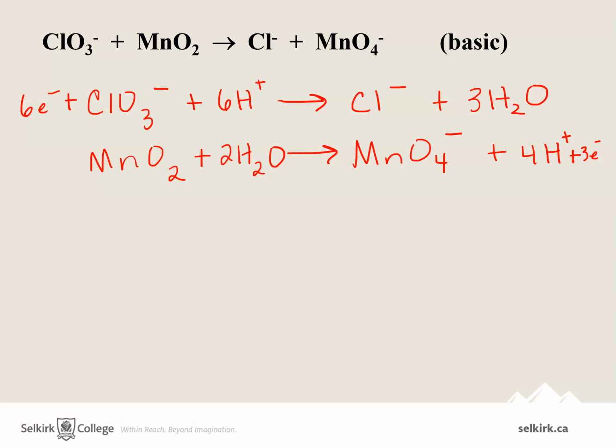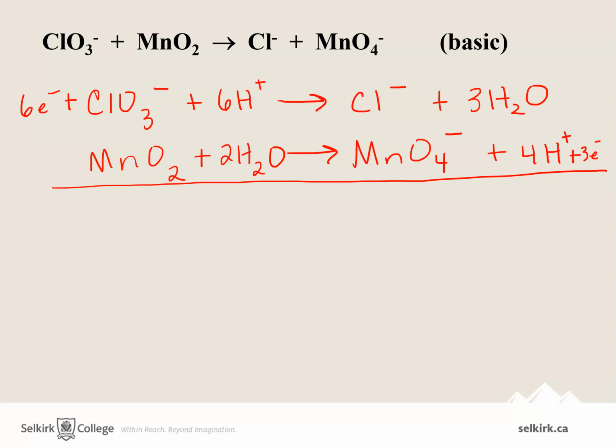Second half reaction, total charge on the left, 0. Total charge on the right, -1 + 4 is +3, -3, 0. Good, the charge is balanced. Okay, my half reactions are balanced. So now I'm going to add them up. But before I do, I have to make sure it's the same number of electrons out of one that goes into the other.